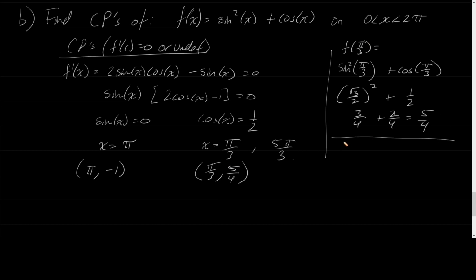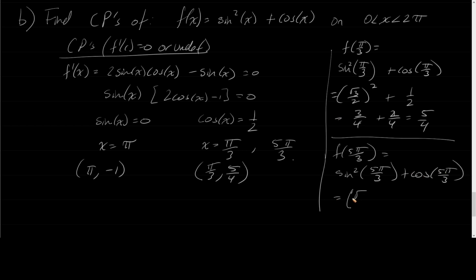For f of 5 pi over 3, we get pretty much the same process here. So we end up with sine squared of 5 pi over 3 plus cosine of 5 pi over 3, which gives us negative radical 3 over 2 squared plus cosine of 5 pi over 3, which is still 1/2.